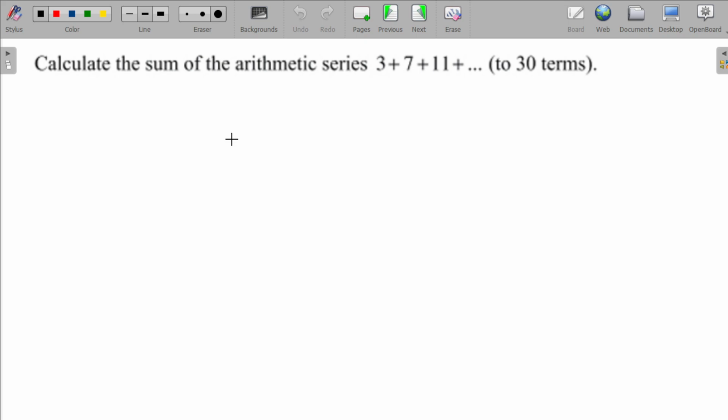Calculate the sum of the arithmetic series 3 plus 7 plus 11 plus, up to 30 terms. Now the equation for calculating the sum, Sn is equal to n over 2 times (2a plus d into n minus 1). That's the formula.